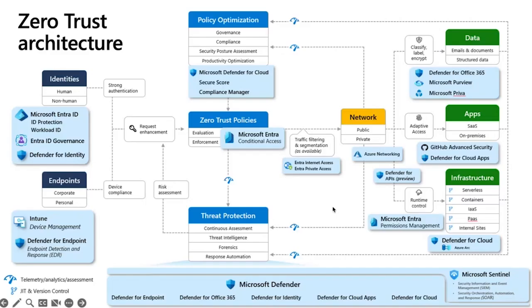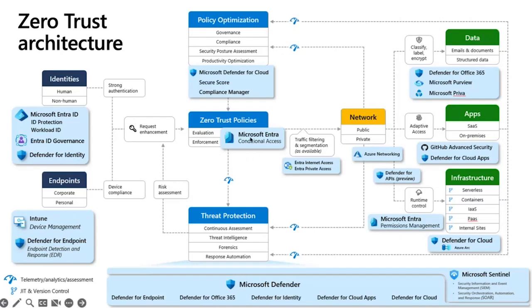For network components, we have Azure networking, where different components come into the picture like NSGs, ASGs, segmentation, subnetting, public and private access, public and private IP addresses. These all things come under network.